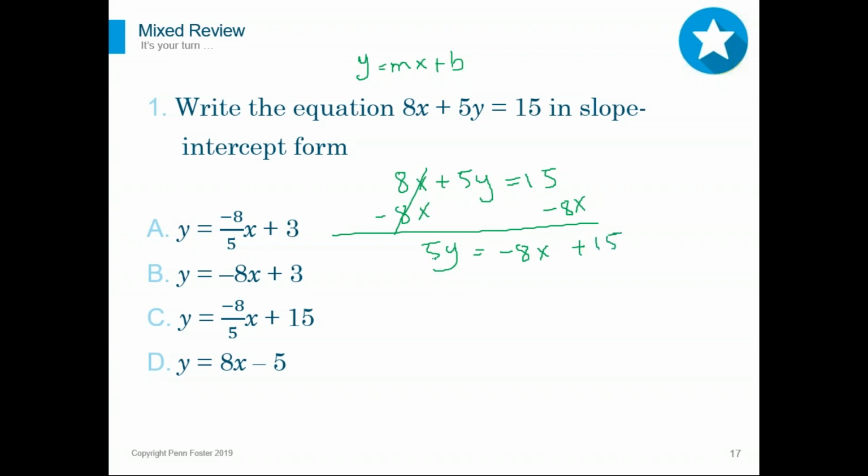I need to get rid of the 5. The 5 is multiplied, so do the opposite: divide by 5 on both sides. 5 over 5 is 1. Now I'm successful in isolating the y on the left-hand side. Negative 8 over 5 is written as a fraction, and I'm not going to forget the x, plus 15 over 5, which is 3. This is the right equation, and the only right equation from the given choices is A.